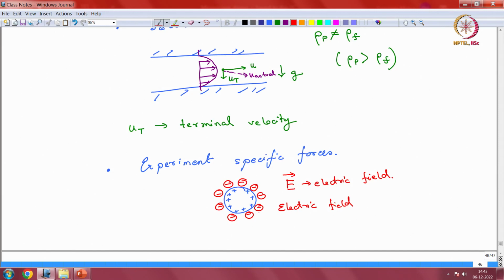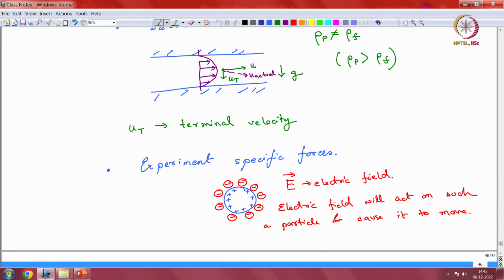The negative ions have assembled in enough numbers to wipe out the charge due to the positive, but there is a spatial distribution of charges here. So, there is some kind of a potential field. So, the electric field will act on such a particle and cause it to move.